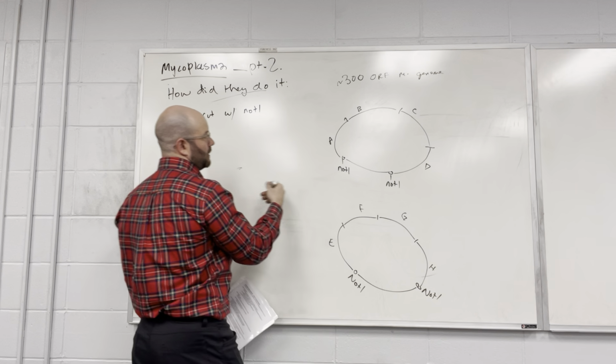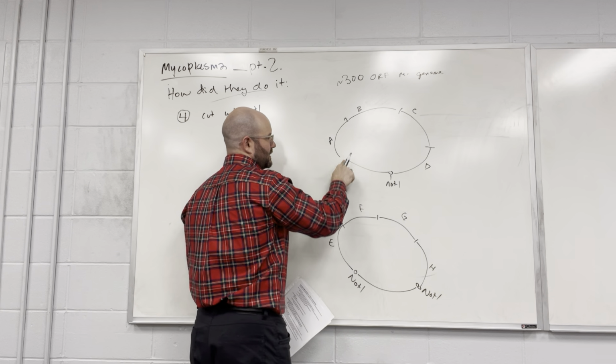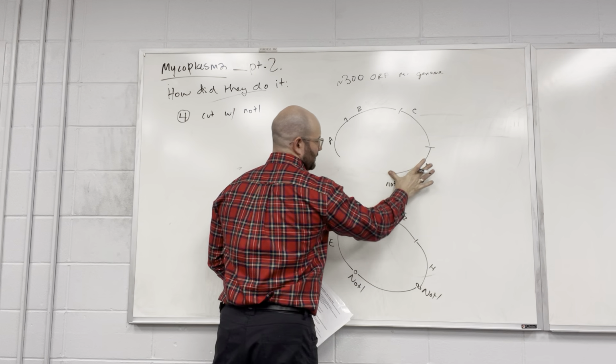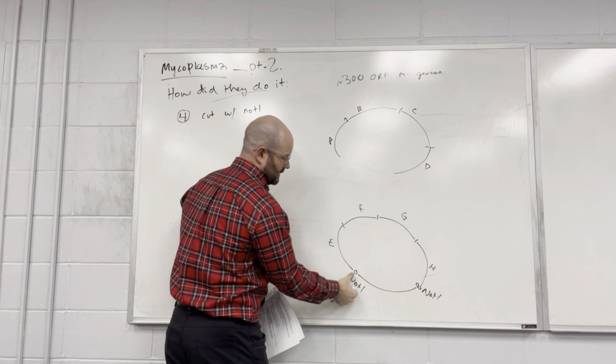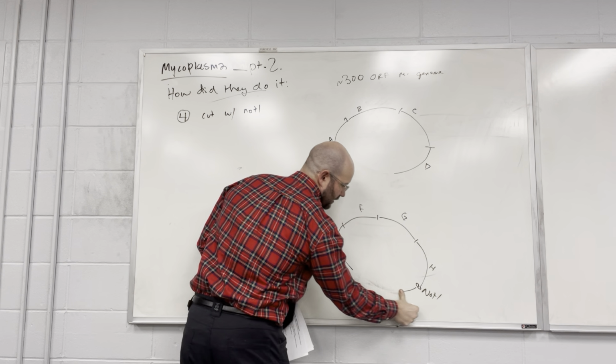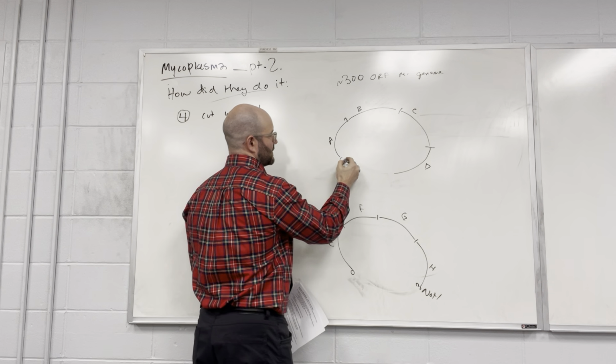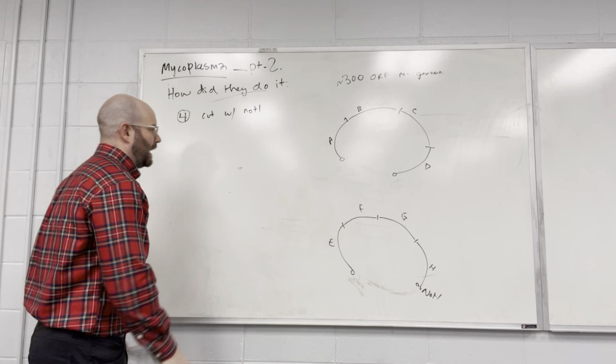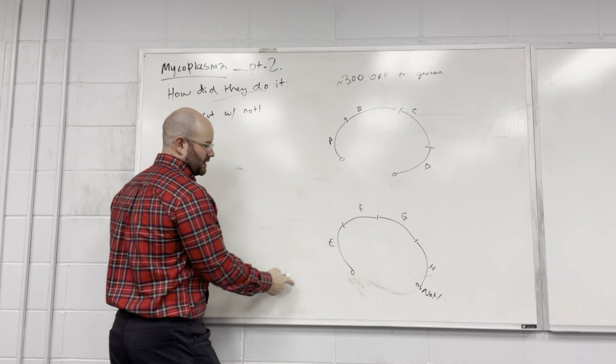They cut with NotI in separate reactions. They'll cut this, that'll open up that. Then they'll cut this, that will open up that. I should have left the sites. Okay, and there are these NotI sites.